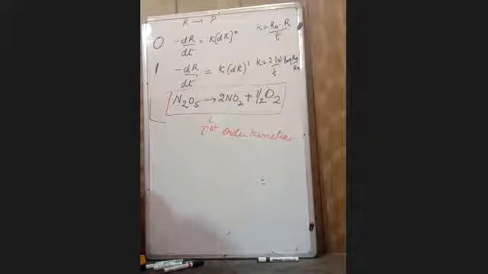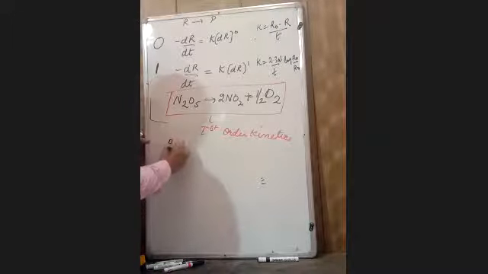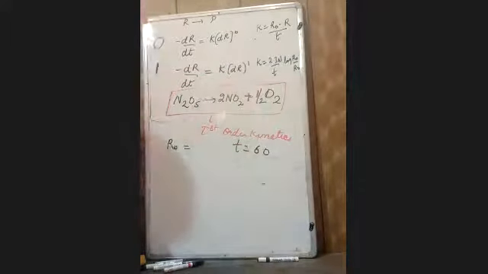The initial concentration is 1.24 into 10 raised to power minus 2 moles per liter at 318 Kelvin. The concentration of N2O5 after 60 minutes. See, initial concentration is R naught, and time is 60 minutes because we have started from 0 to 60 minutes.